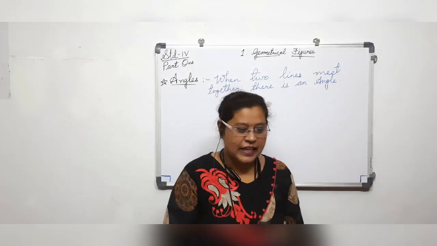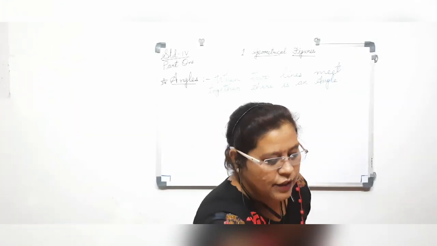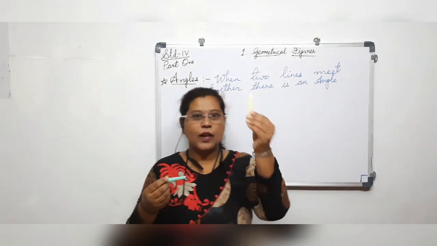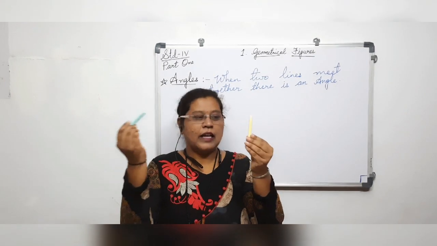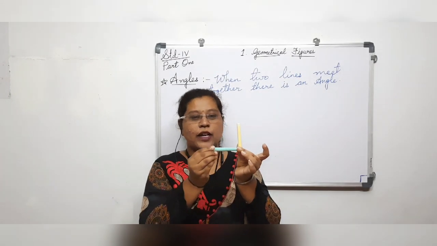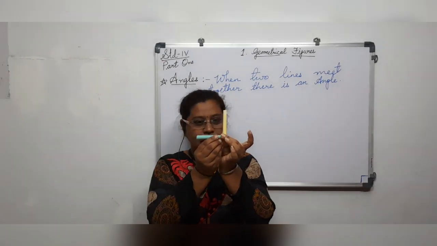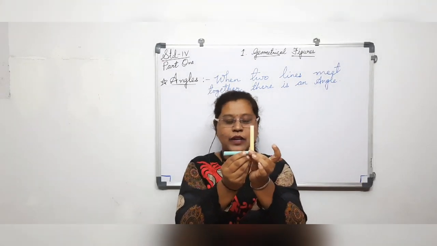Understood, my dear students? In the same way, another example, you can take the two chalks. One chalk, another chalk, and when I bring them together at this point, it is an angle. Can you see? The point about angles is clear to all of you now.